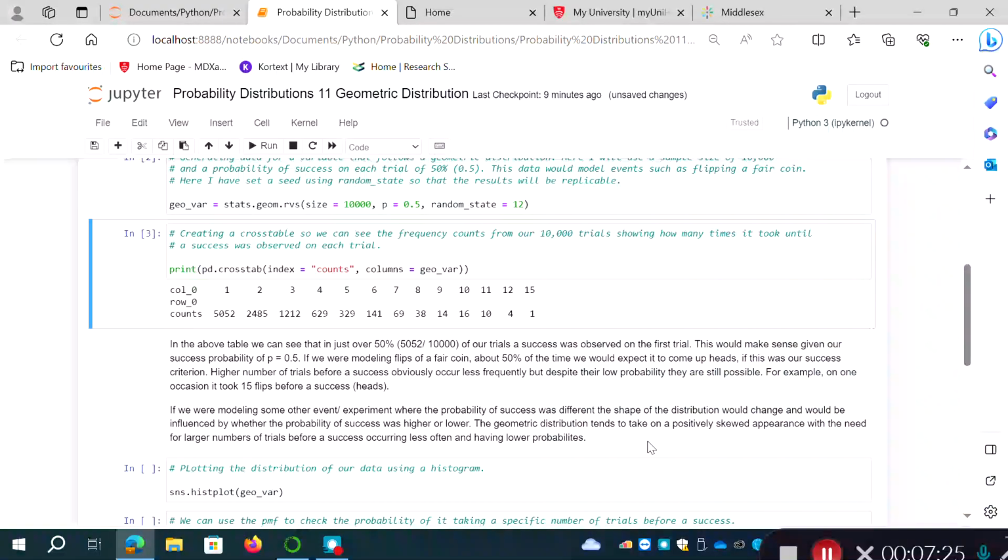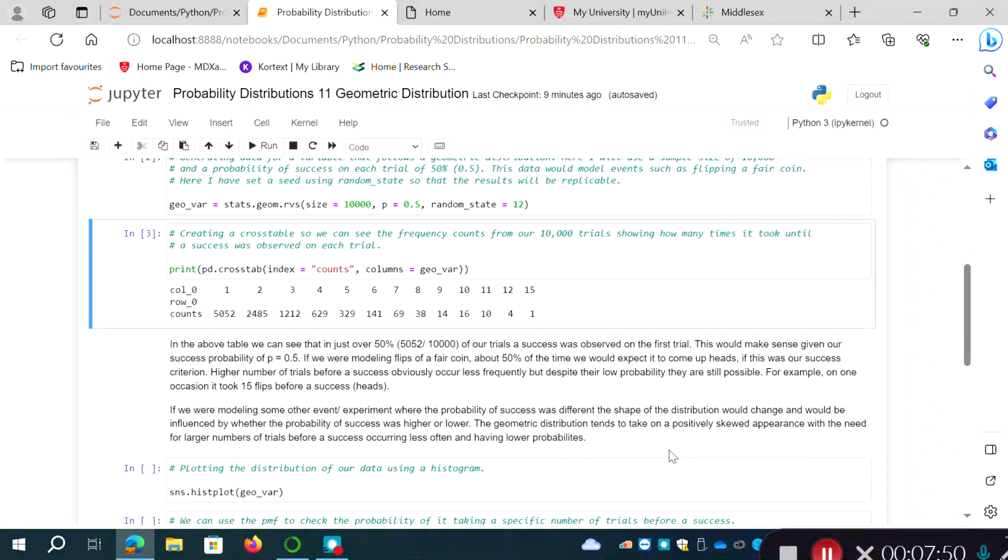So if we're modeling some other event or experiment where the probability of success was different to 0.5, so it was higher or it was lower, the shape of the distribution would change. We've seen that with other distributions as well.